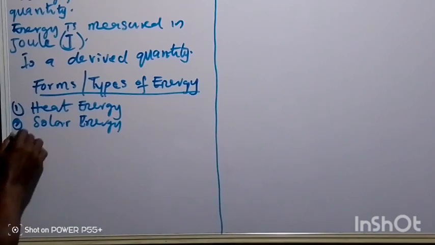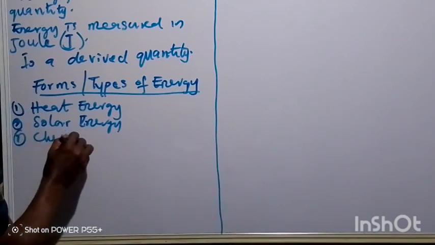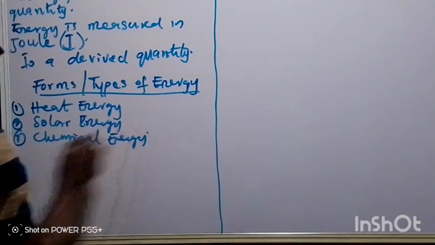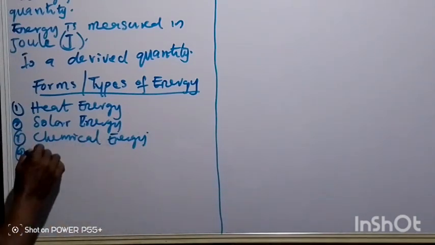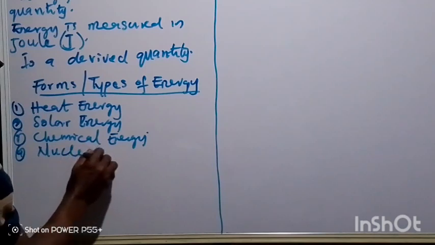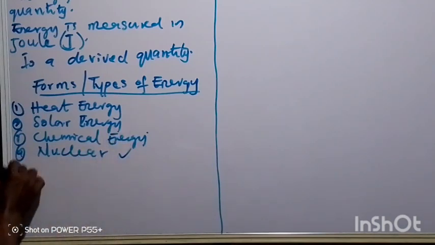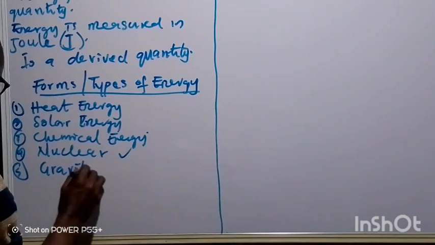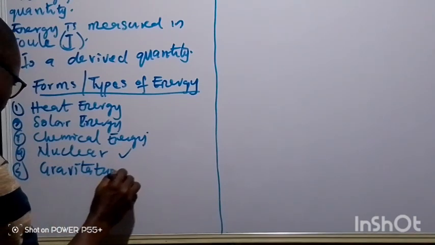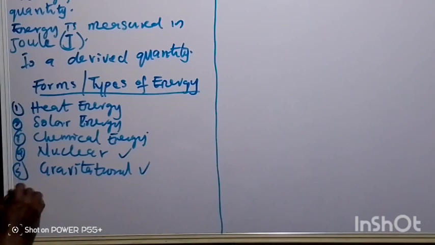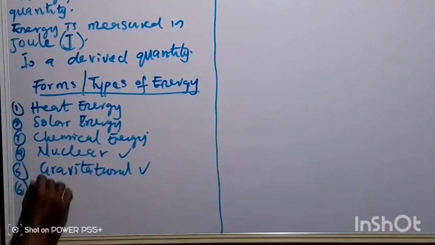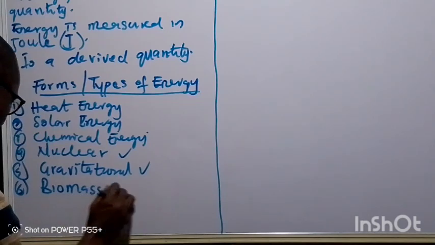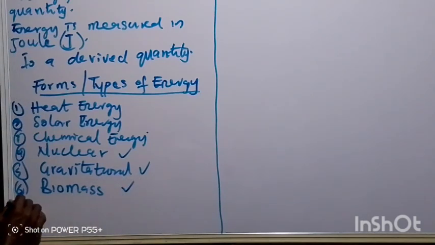Three, chemical energy. Four, nuclear energy. Five, gravitational energy. Six, biomass energy.